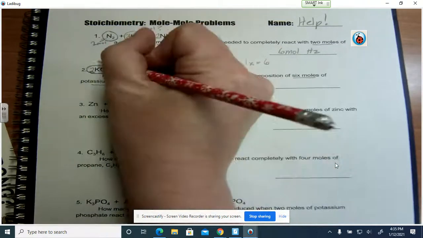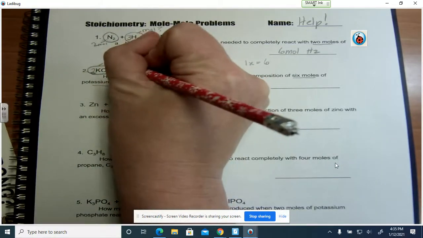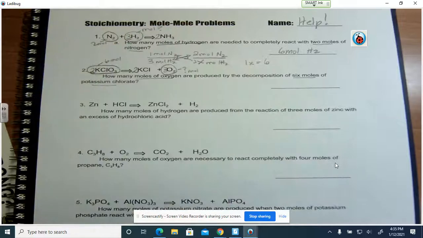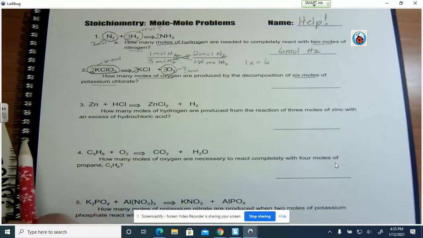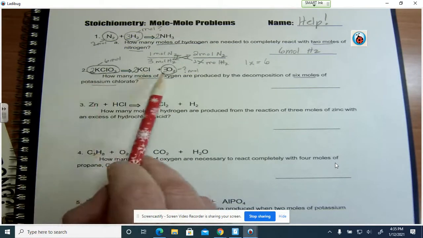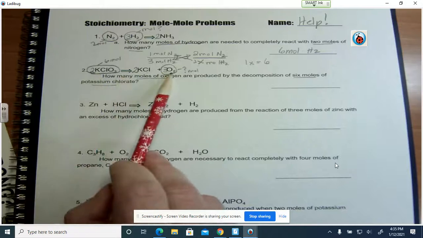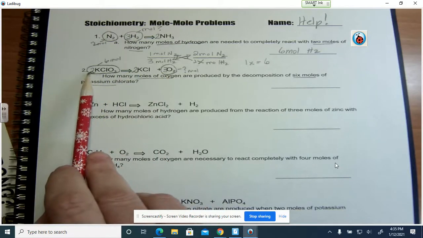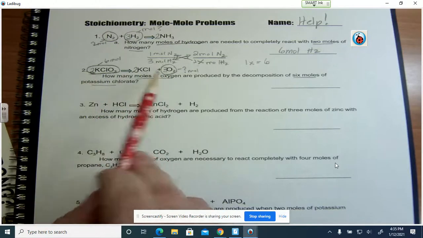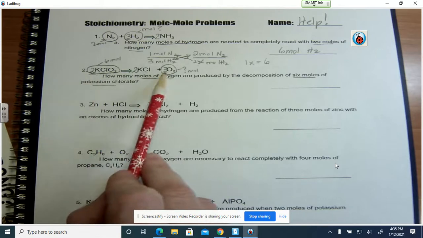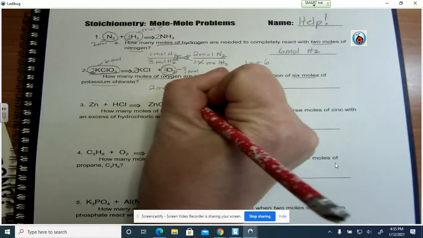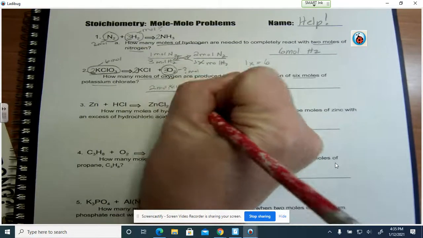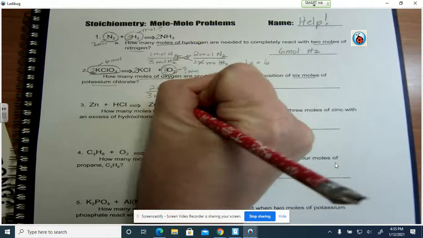And again, it told us in the equation that we have 6 moles of that. So if we set up a direct proportion, we're going to use the mole ratio from the formula equation. The mole-to-mole ratio says this is 2 to 3. So I have 2 moles of KClO3 for every 3 moles of O2.